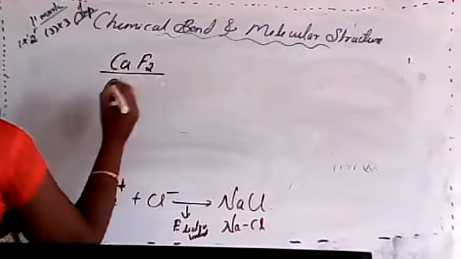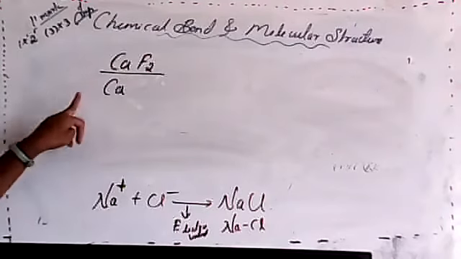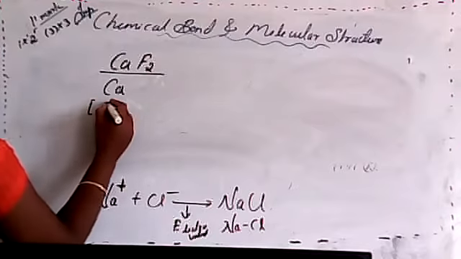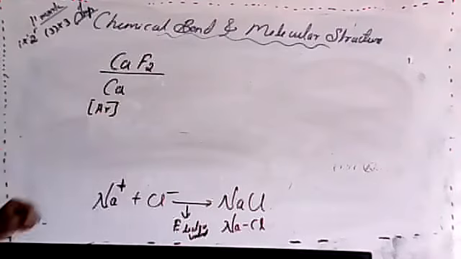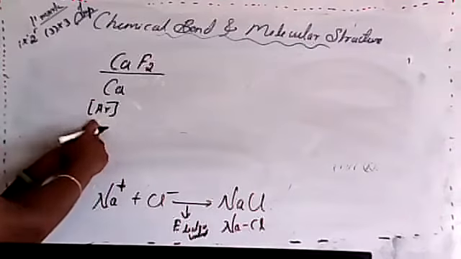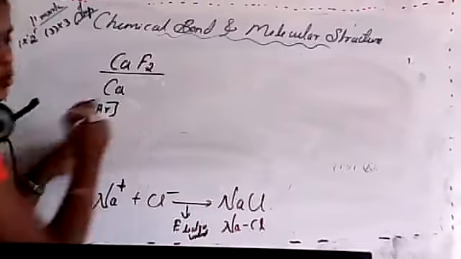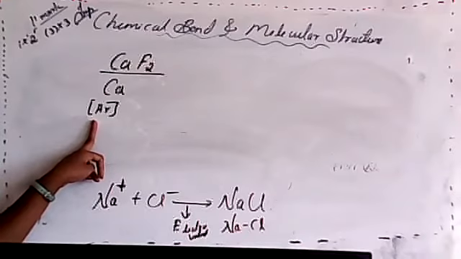First one, Ca. Calcium atomic number is 20, isn't it? Argon is 18. And next one, 4s2, 3s2, 2s2.